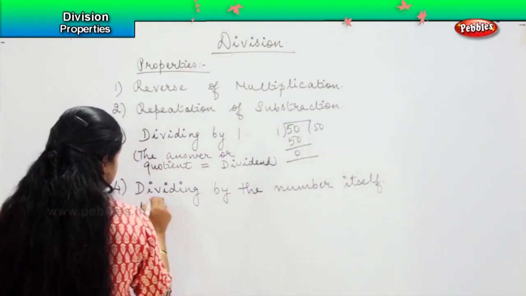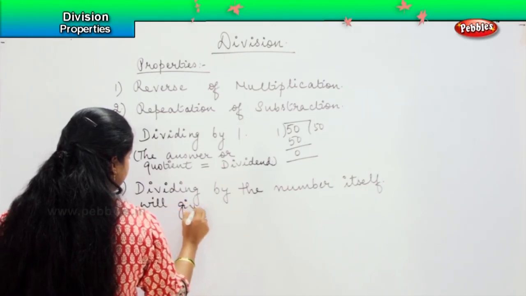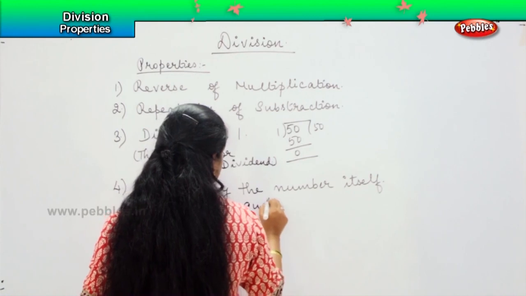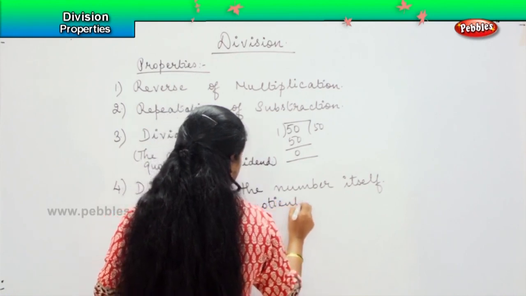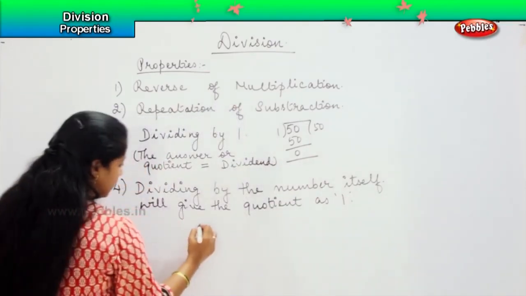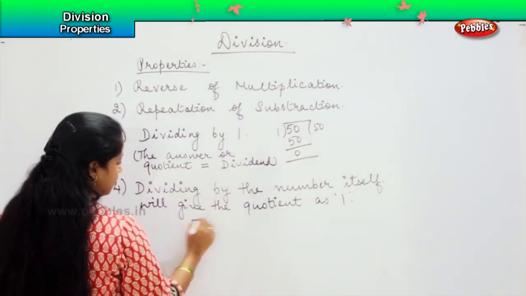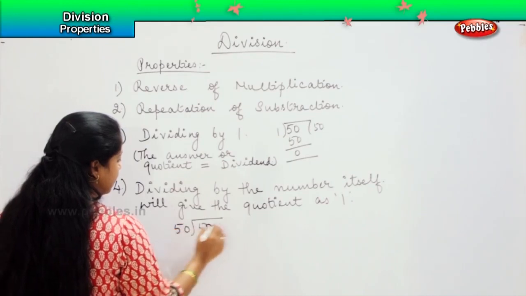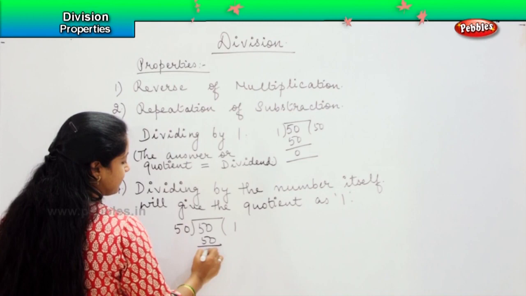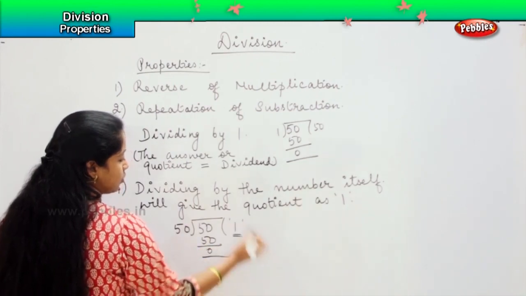It will give the quotient as 1. For example, if I divide 50 divided by 50, if I divide the same number, I will be getting the answer 1 as my quotient.